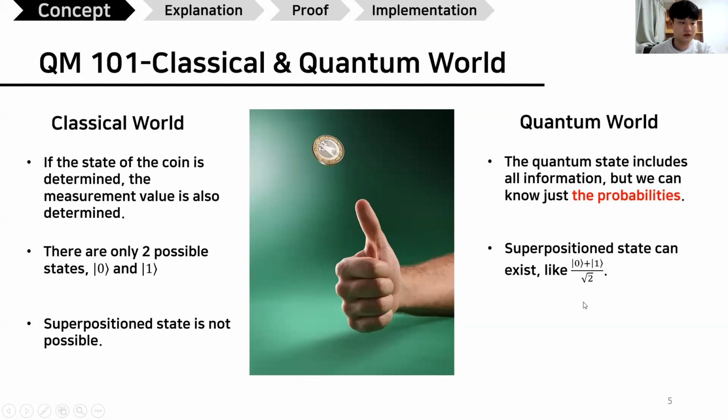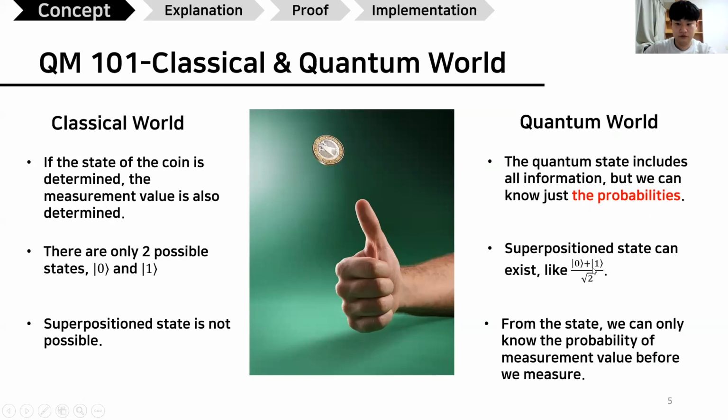This cannot be explained in classical mechanics. In this state, we can know only the probabilities. The probability for 0 is 1/2, and the probability for 1 is also 1/2. This is a very important difference between the classical and quantum worlds.